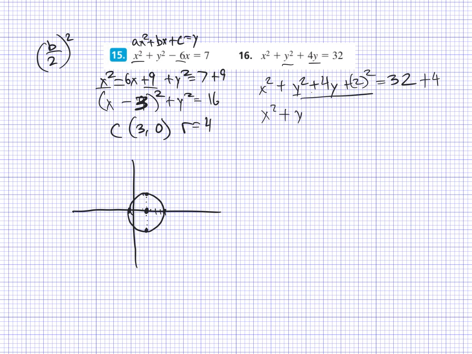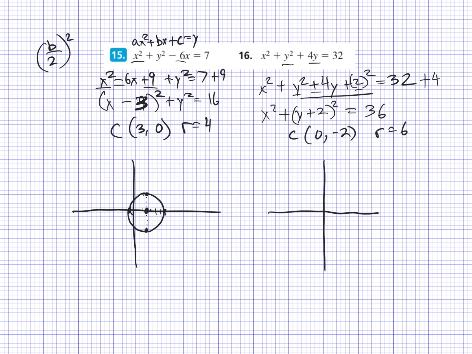It's the first letter, the first operation, and whatever b over 2 is. So it's y plus 2 times y plus 2. And that equals 36. All right, so our center is at 0, negative 2, and our radius is 6.